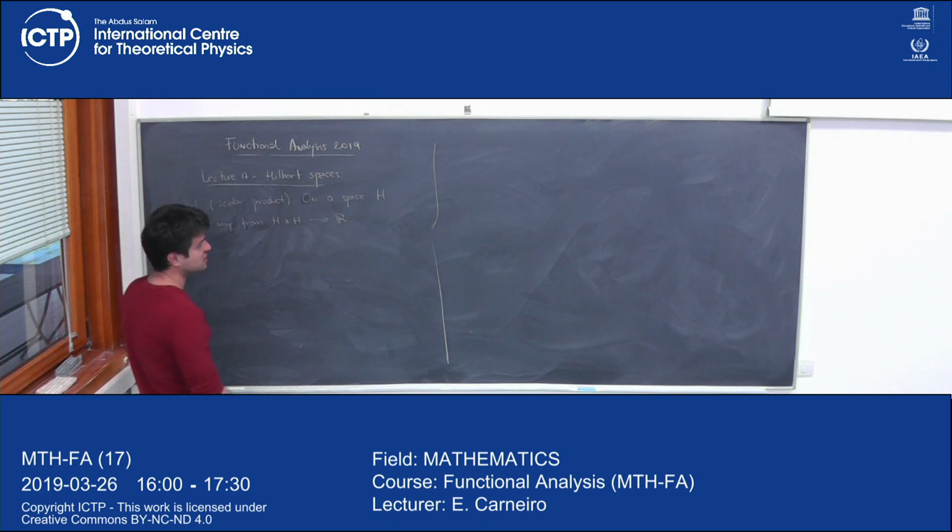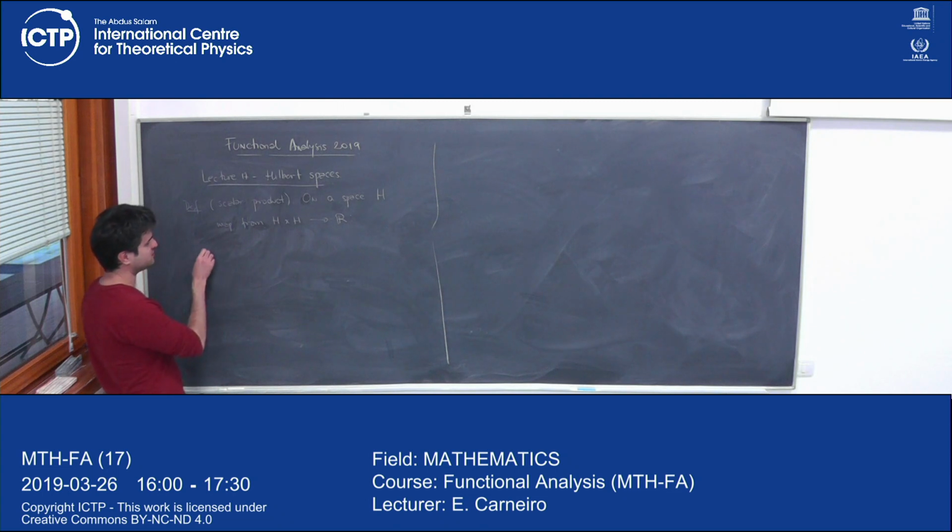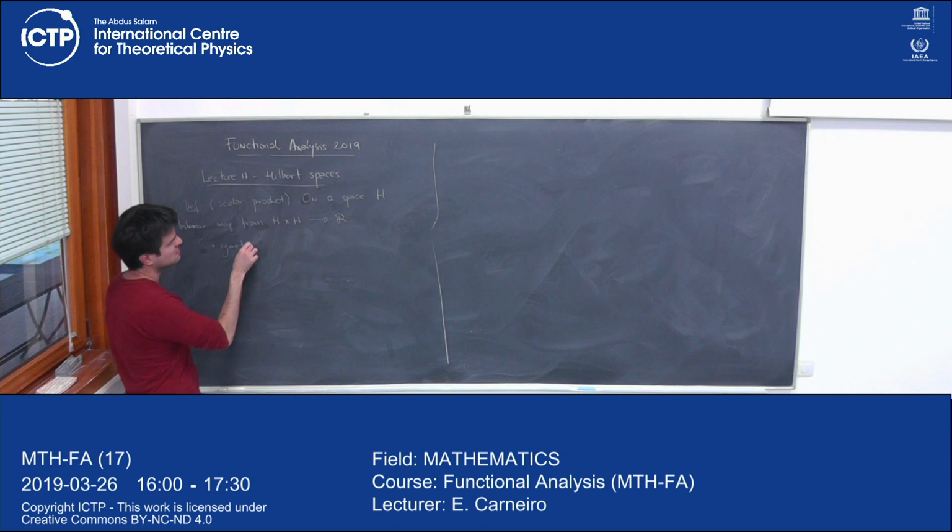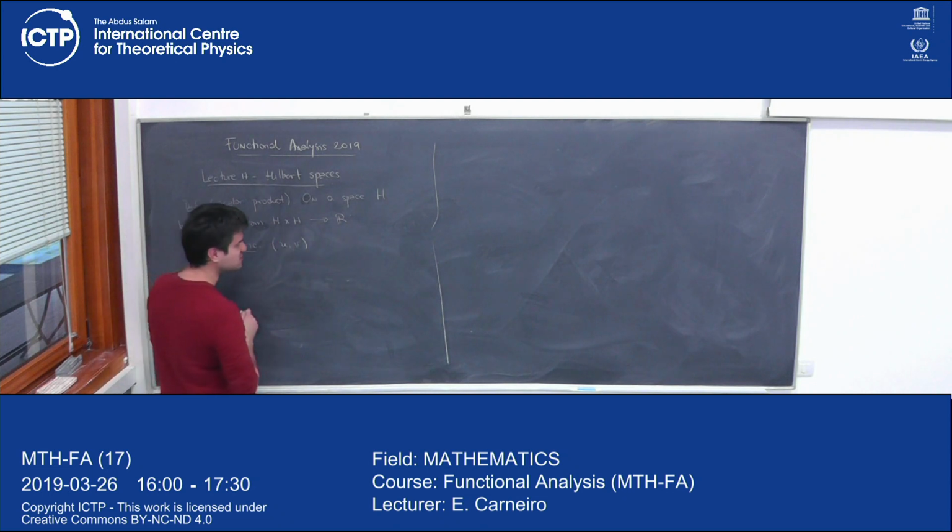Okay. So this is generally going to have this property. It's actually a bilinear map that is symmetric. So we're going to denote with parentheses here.